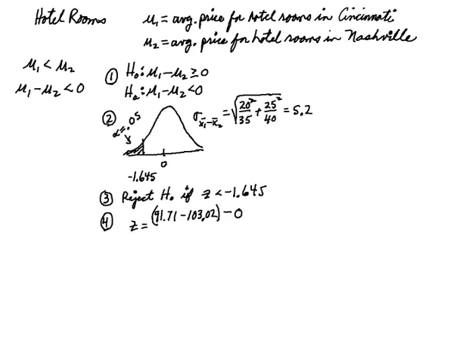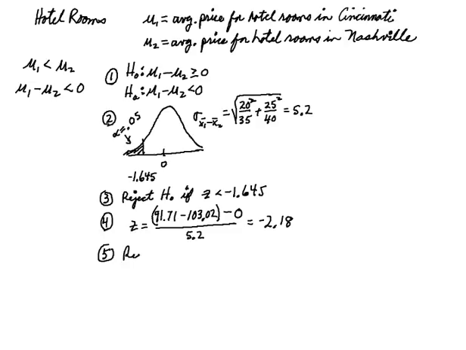So there is my point estimate, same one that I used with the confidence interval. Subtract what I'm testing against, and then divide by my standard error, which is 5.2. This gives me a test statistic, a Z value for my difference in sample averages, of negative 2.18. And then, using my rejection rule, I can draw a conclusion.